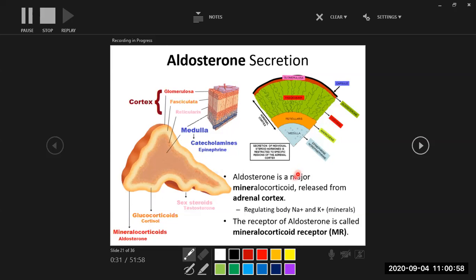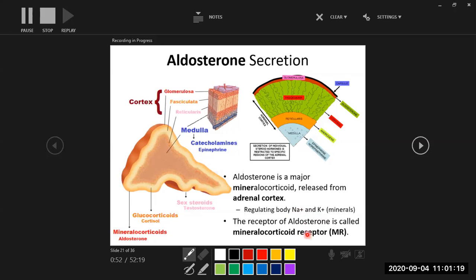This is also called a mineralocorticoid, so the receptor is called the mineralocorticoid receptor, and its function is to act on the principal cell to regulate body sodium and potassium.